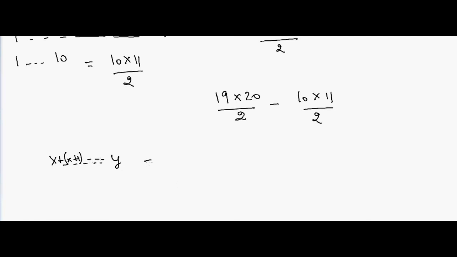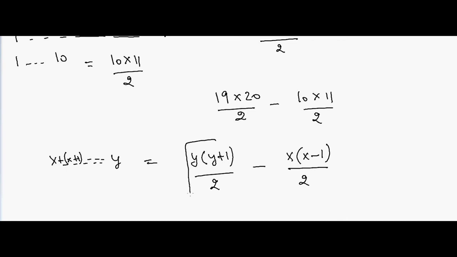In that case, I can write this as y into y plus 1 divided by 2 minus, so here we have to be careful because this is x, so this will be x into x minus 1, because we are adding until x minus 1, divided by 2. So that will be our answer if we have to add numbers in series.